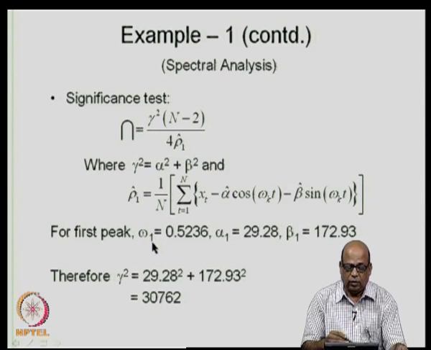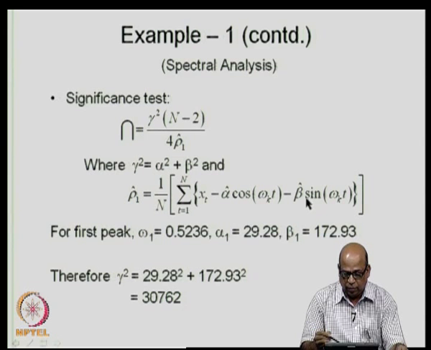So, these are the values that we had towards the end of the last lecture. So, this omega is for that particular k that you are examining. So, you are examining for the first periodicity. So, you will take omega 1 and beta and alpha corresponding to the same periodicity. So, alpha 1 and beta 1 you take. So, you can estimate rho 1 cap, n is the total number of values that you have. In this case, it will be 348.